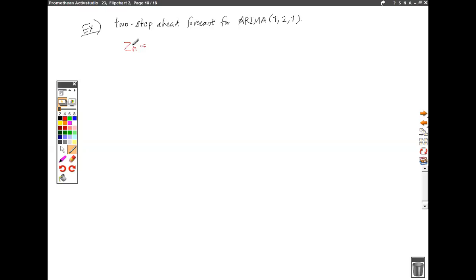I have to difference it 2 times. Anyone? How can I write my z in terms of x? Remember, z is the process which has to be stationary. Anyone?